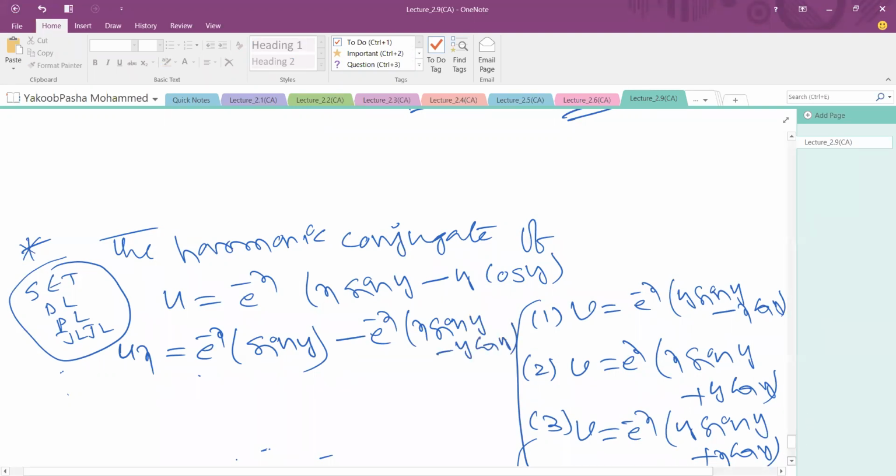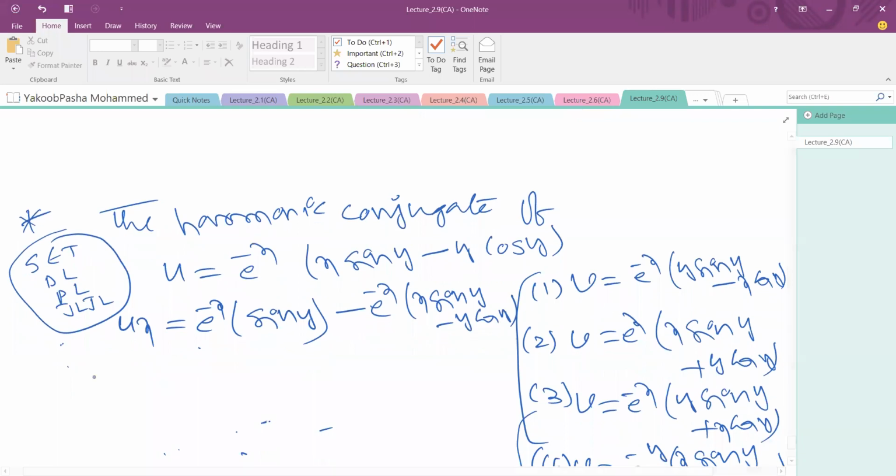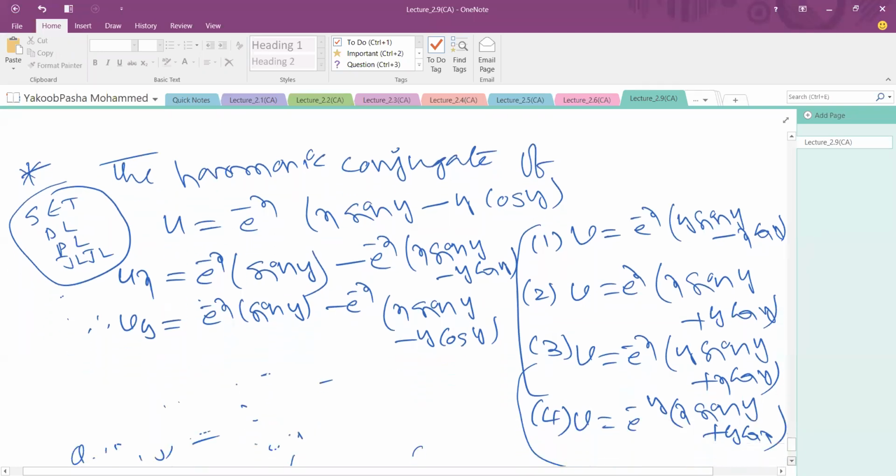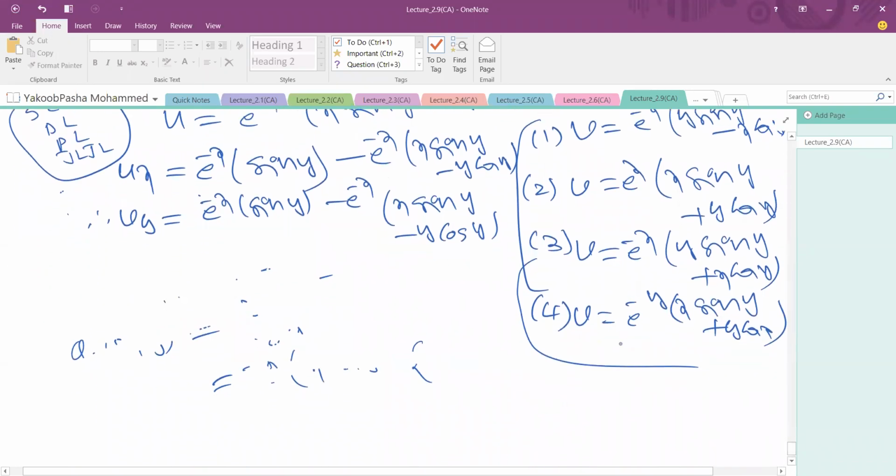So ux is equal to vy by the Cauchy-Riemann equations. So e power minus x into sin y minus e power minus x into (x sin y minus y cos y). Now integrate with respect to y.